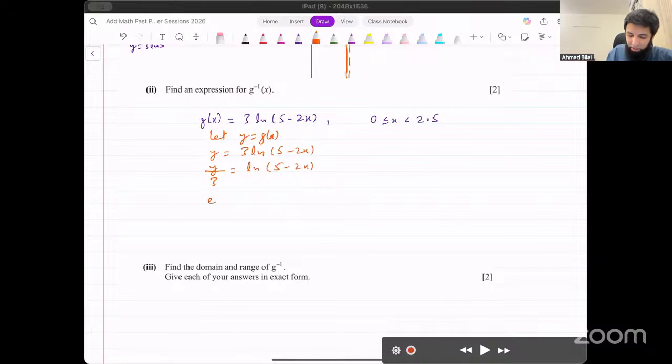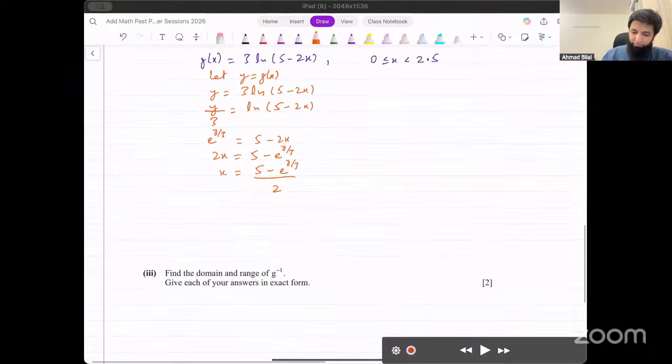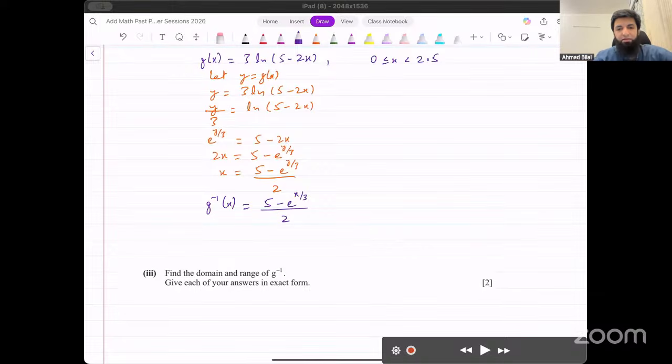It goes to the other side, becomes e raised to power y over 3 equal to 5 minus 2x. 2x equals 5 minus e raised to power y over 3, and x equals (5 minus e raised to power y over 3) divided by 2. Interchange the variables and you get g inverse of x equals (5 minus e raised to power x over 3) divided by 2. That's the inverse function. And that's our final answer.